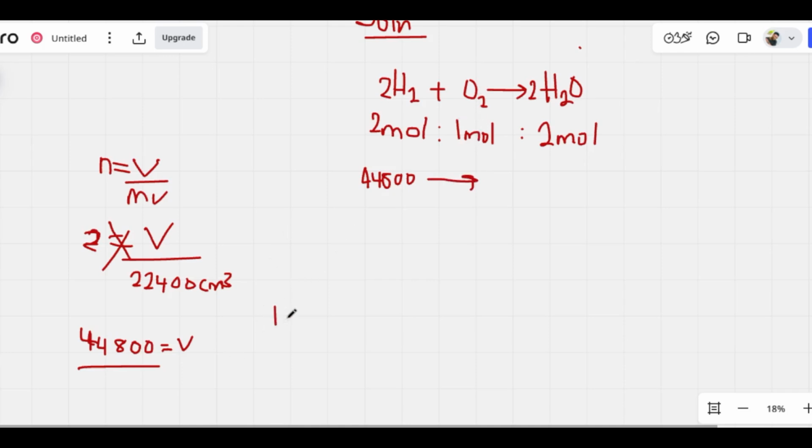That will be 1 equals volume over 22400. So that will give us 22400. That's for oxygen. So this is stoichiometry. Are you getting me? This is just your analysis based on the balanced chemical equation.